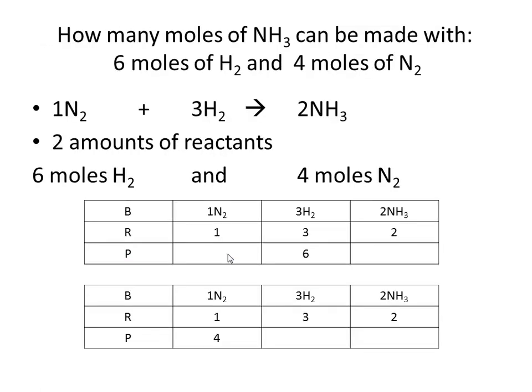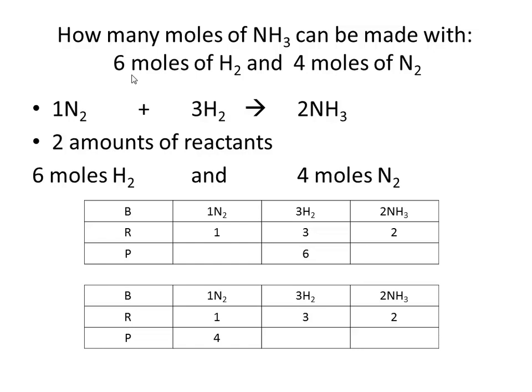So try this one, guys. We have to set up 2 different amounts, 2 different BRPs. We have to set up one with 6 moles of hydrogen, one with 4 moles of N2. We have to do 1 for each reactant. You can even do 3 if there are 3 reactants, or 4 reactants.